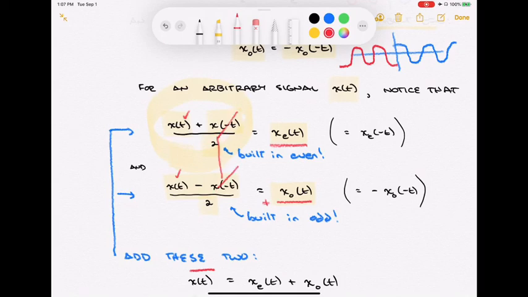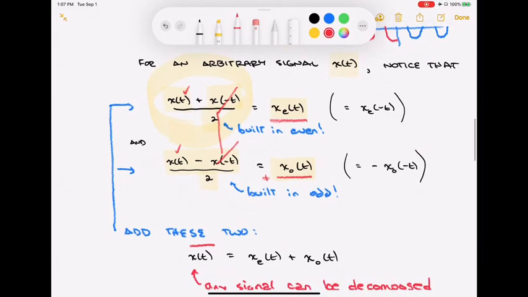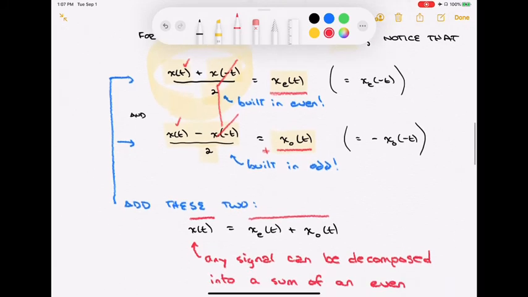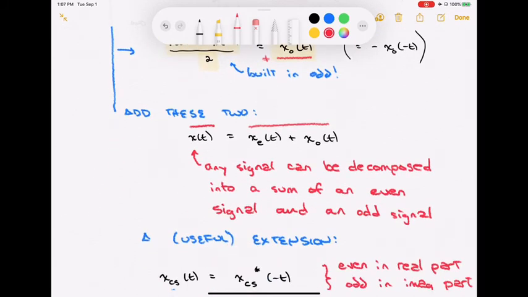So if I add these two pieces up together, what I'm left with on the left-hand side is just x of t, and on the right-hand side, I just get the even part plus the odd part. What does this tell us? Any signal can be decomposed into a sum of an even signal and an odd signal. Stated a little bit differently, you could say any signal has both an underlying even part and an odd part. Let's do a very quick example just off here in the margin.